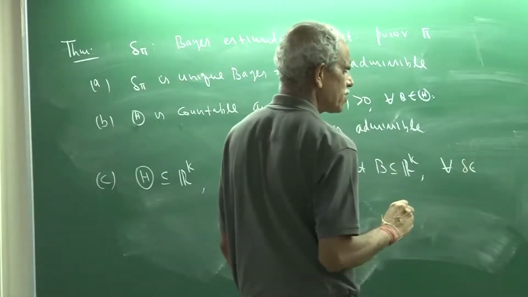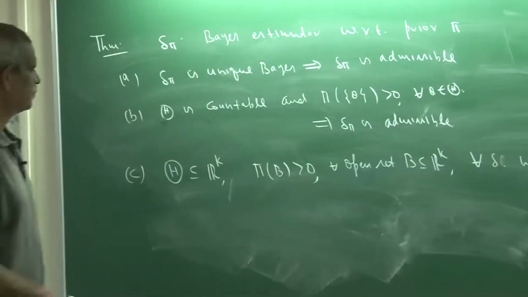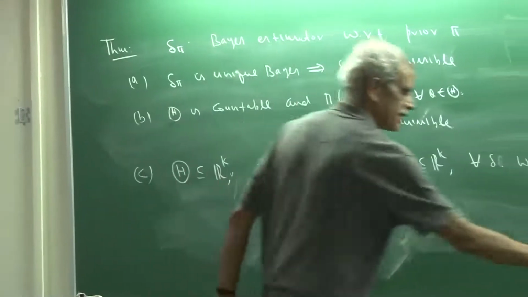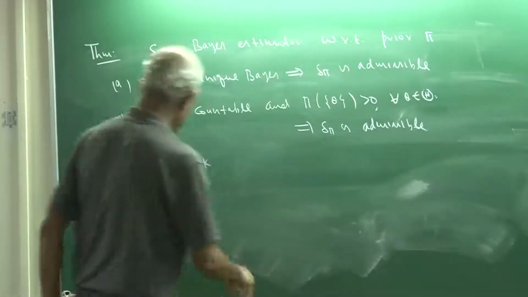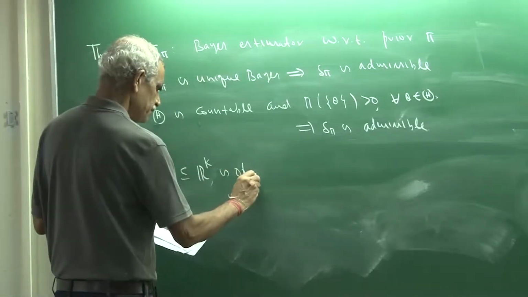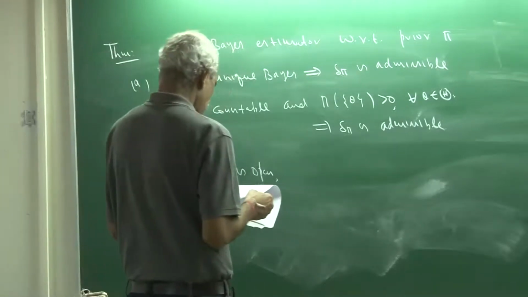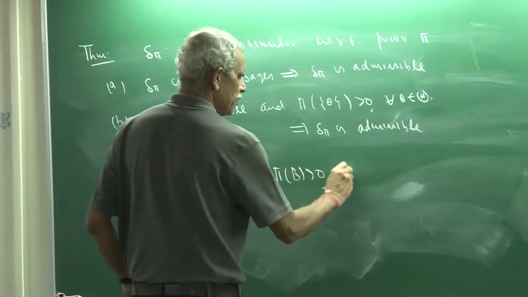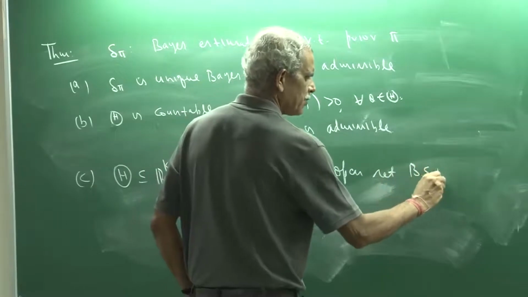And if my probability models are such that for every delta... So let me just repeat this assumption C. My assumption C says that the parametric space, which is a subset of whole R^k, is open. So that means it will contain some open set. Pi of B, my prior, is such that pi of B is positive for every open set B subset of R^k.